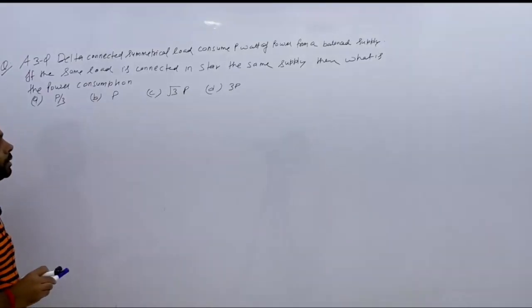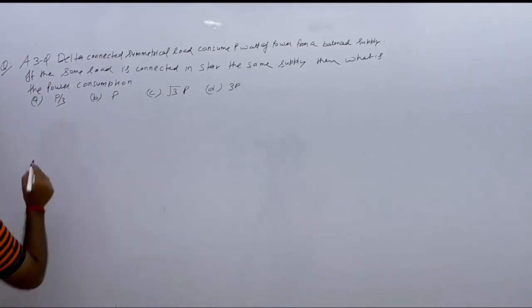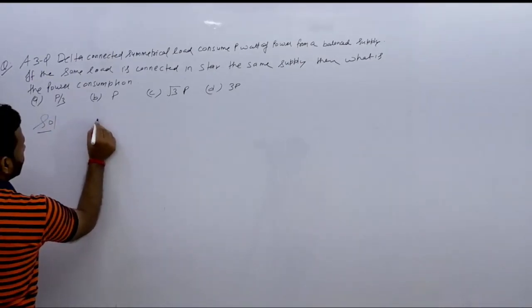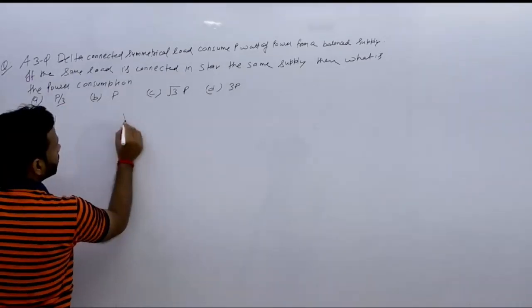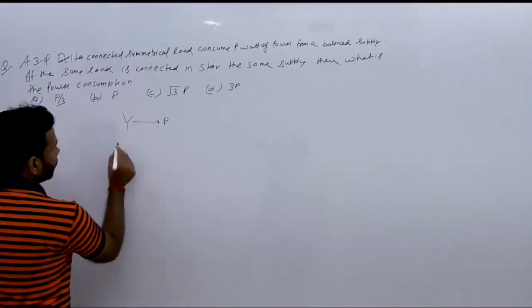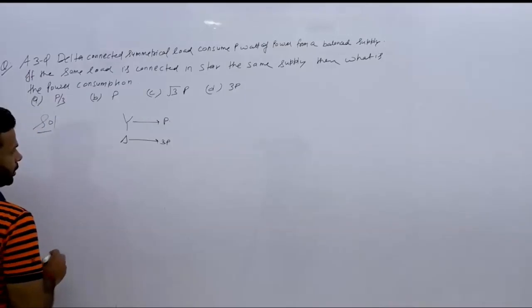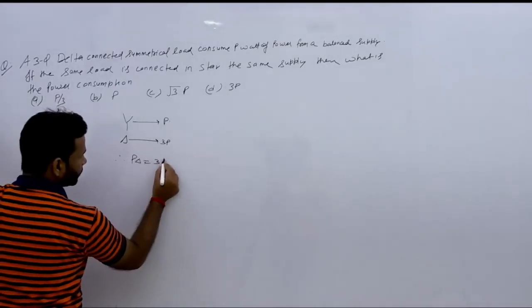Okay, so if you see your theory or your lecture notes or your video lecture, whatever you are reading, if a load is connected in delta versus star, then the load in delta consumes 3P watt when the star consumes P watt. So P delta is equal to 3 P star.